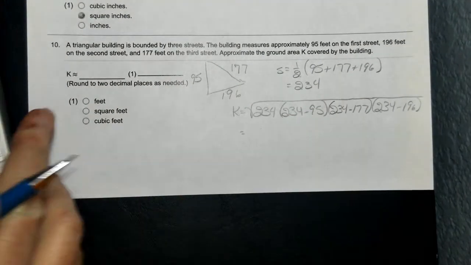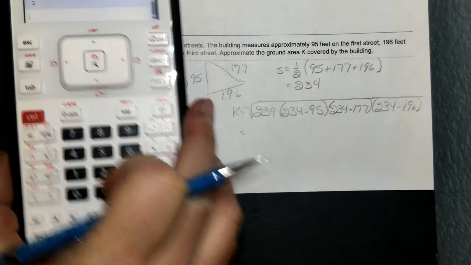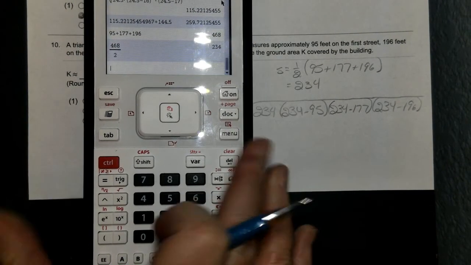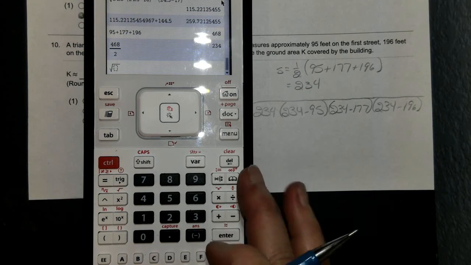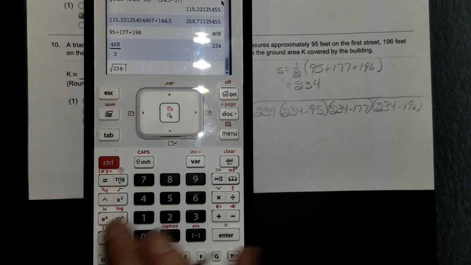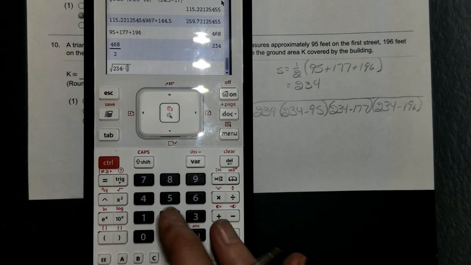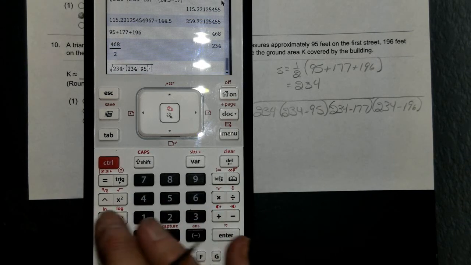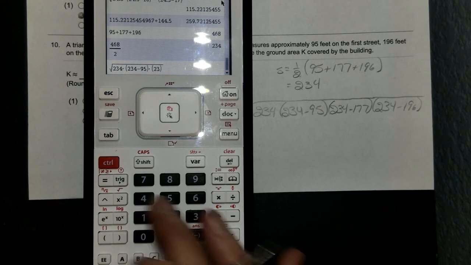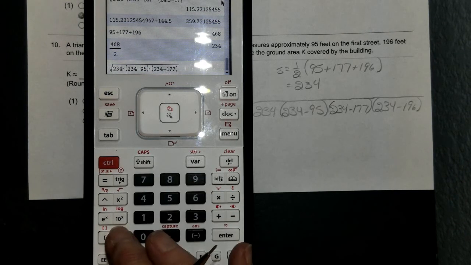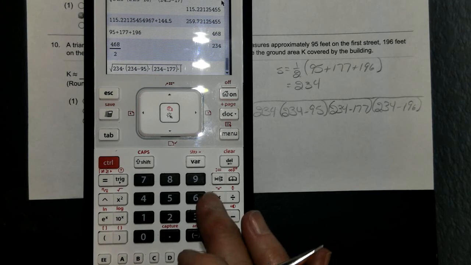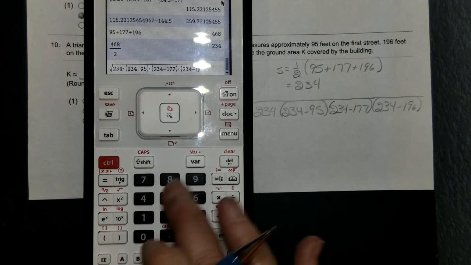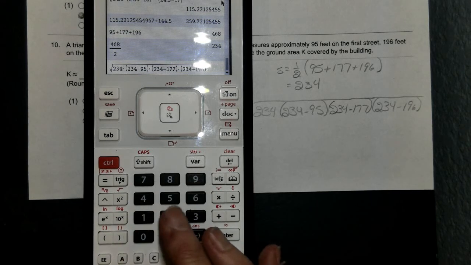Let's put all that in the calculator. I can see it. All right, square root 234 times parentheses 234 minus 95 close parentheses times parentheses 234 minus 177 close parentheses times parentheses 234 minus 196 close parentheses.